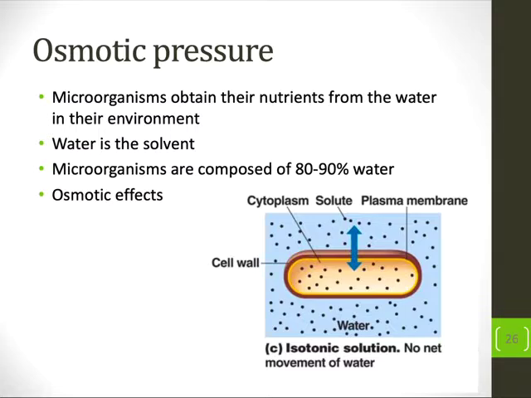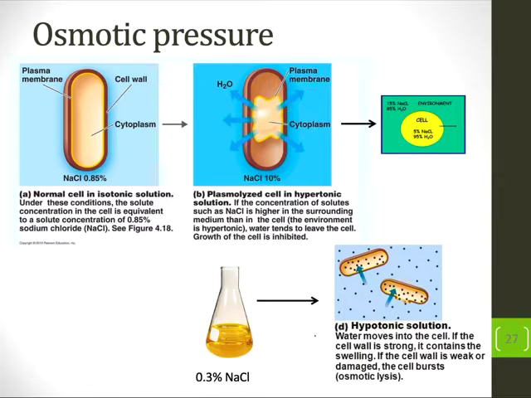There are exceptions. And so whatever environment they're in, the concentration of water in there as compared to salt has an effect on them. So if you place a normal cell in an isotonic solution, you don't expect any change in terms of the effect of water. The net flow of water in and out of the cell is the same.